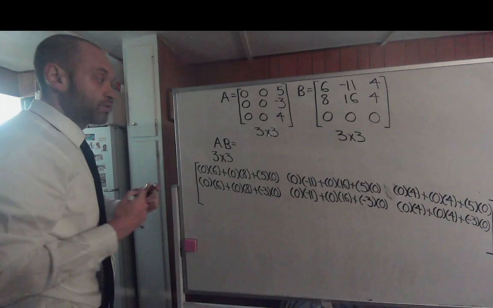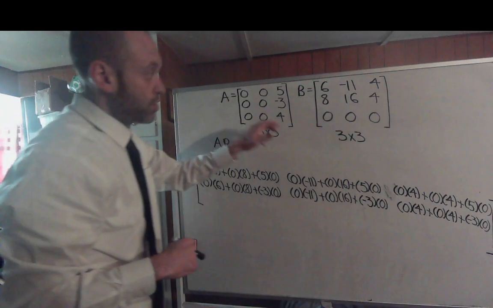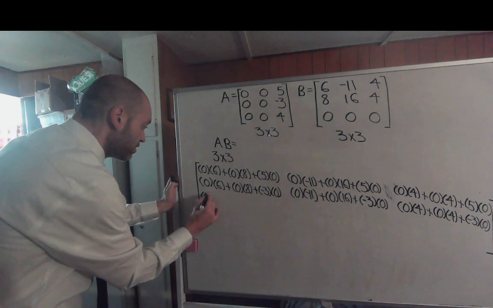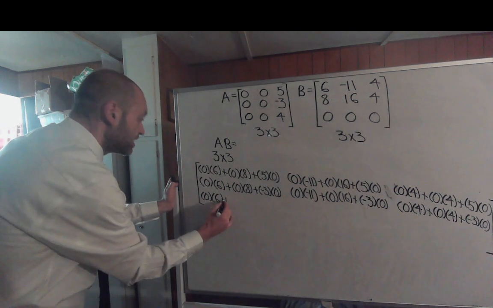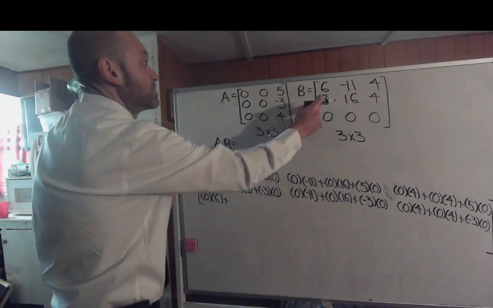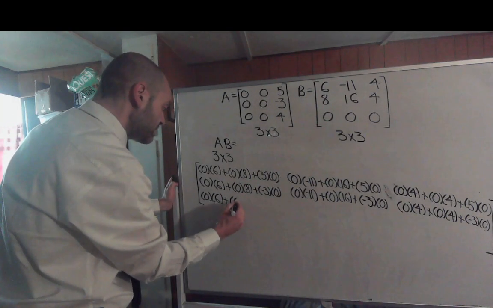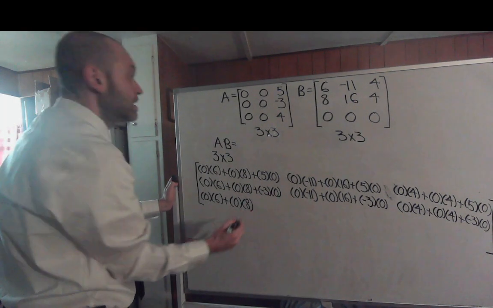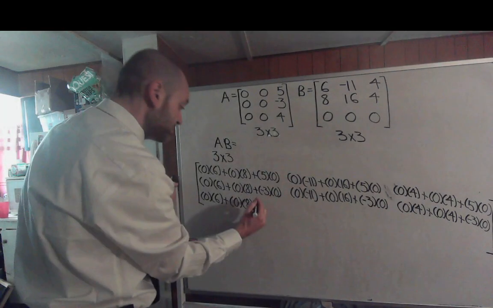Alright, let's do the third row. The third row times the first column is going to be 0 times 6 plus 0 times 8, then 4 times 0.